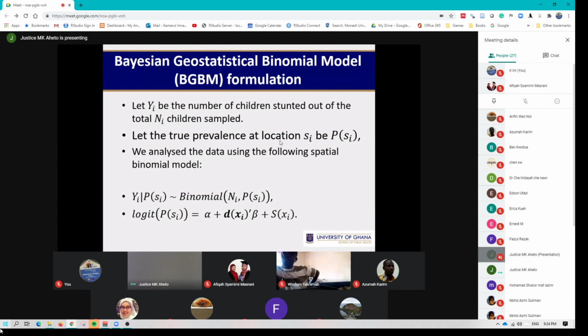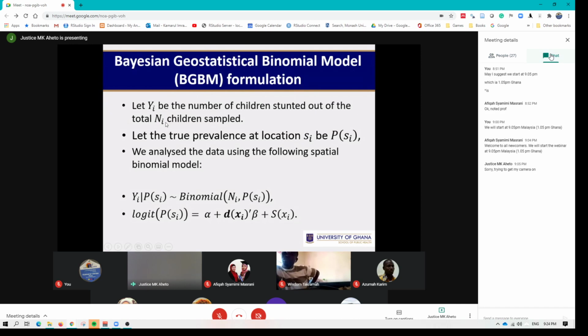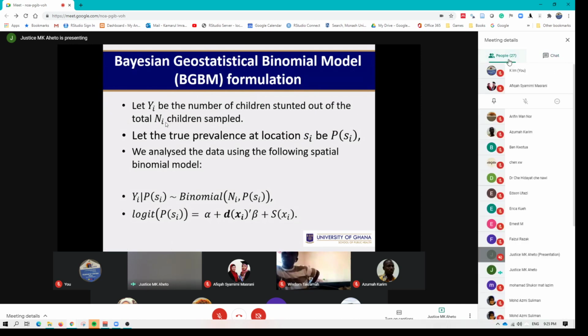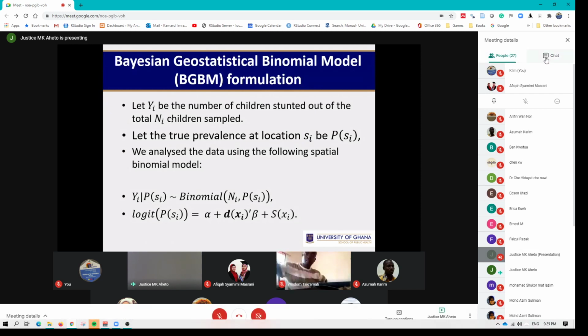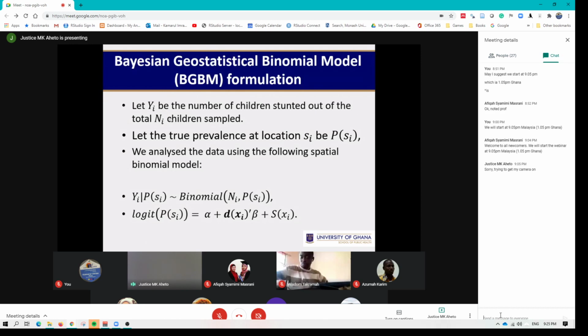Okay. Then if that is the case, once I know my Y_i and my capital N_i, it means I can produce the empirical distribution of the stunting prevalence at each of these geographical locations. That is the 415 clusters.